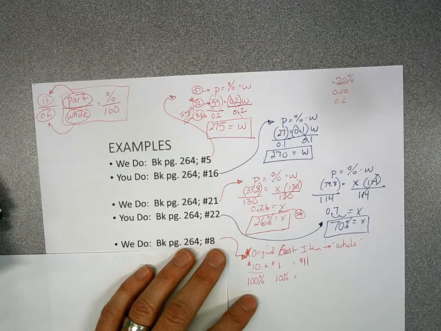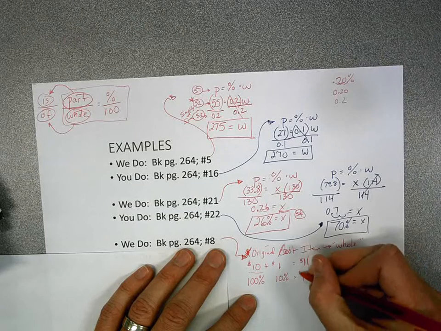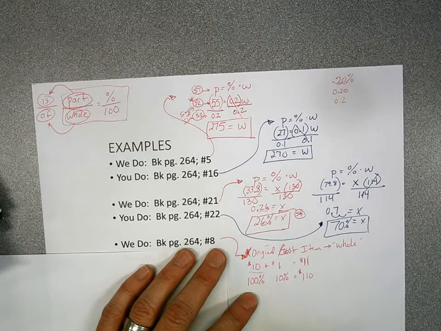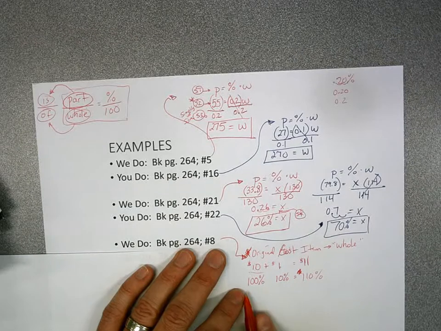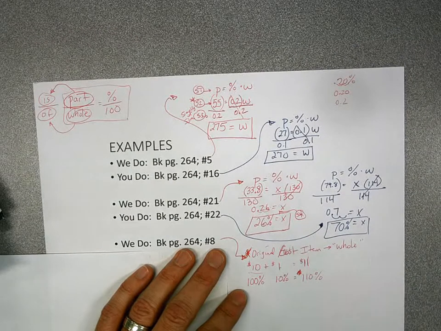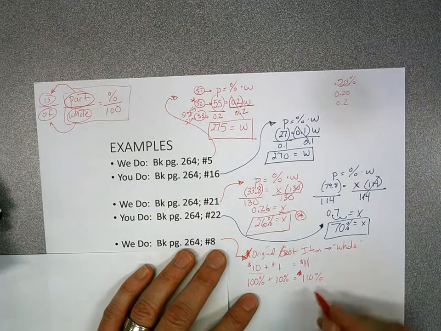It's a little weird to think about it this way, but 110% of the price tag. Because you're paying 100%. Oops, I put dollars. Sorry. You're paying the 100% for the shirt, all of it, and you're paying an extra 10% in sales tax. So 110%.